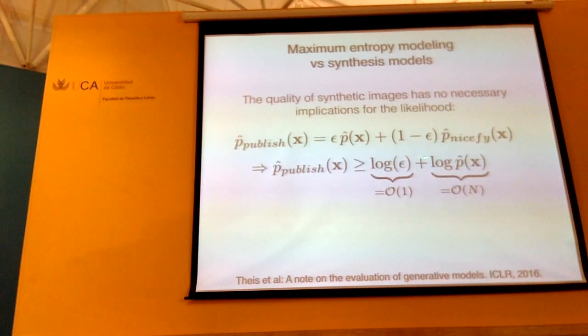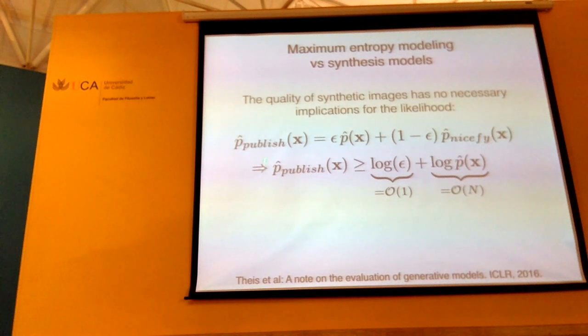So since this expression here can be lower bounded if you just use this part, so these are both positive terms, we get a lower bound by skipping that term, and we can decompose this. Actually I'm missing a log here.